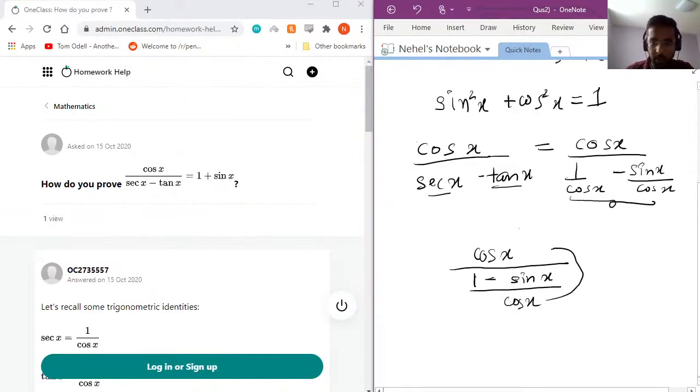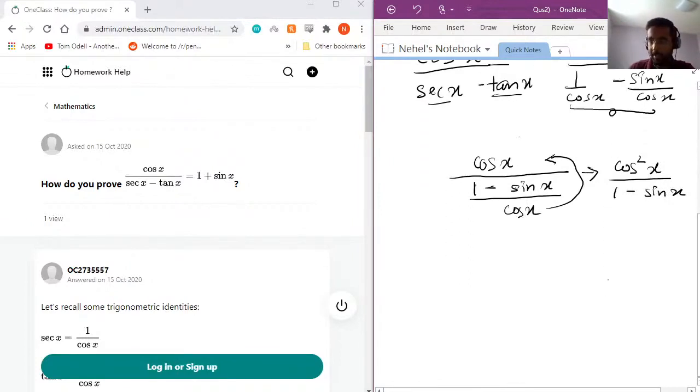Cos x can actually go in the numerator now since it's being divided, and we would be left with cos squared of x divided by 1 minus sine of x. At this stage, we need to remember that we had this property where sine squared x plus cos squared x is 1.